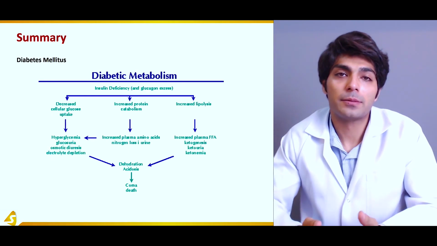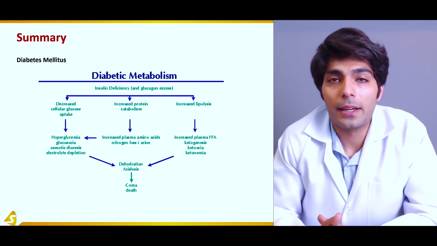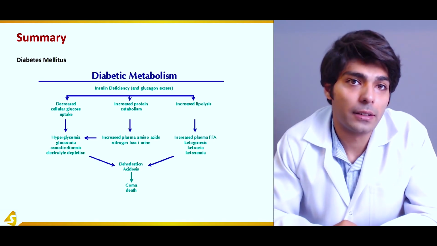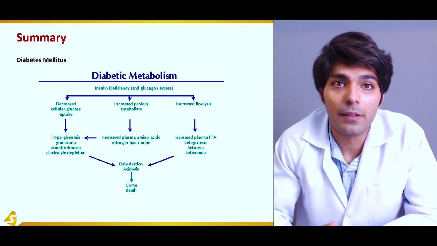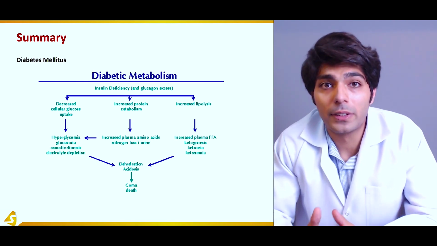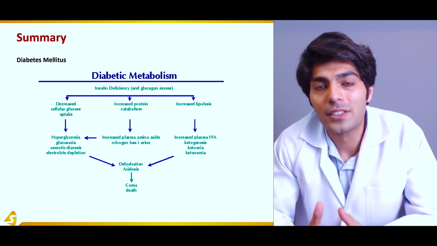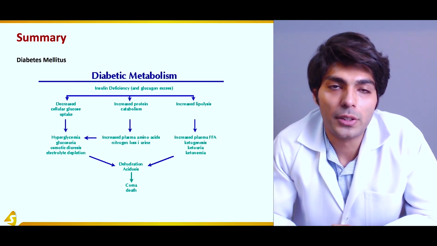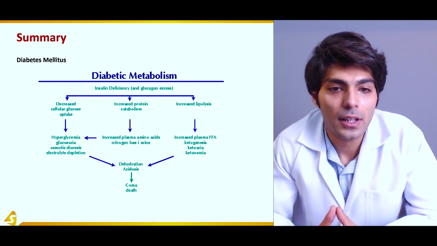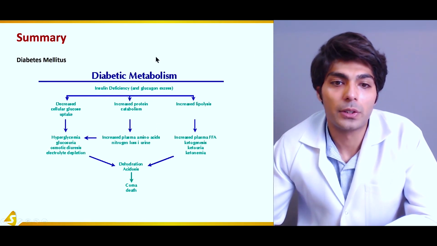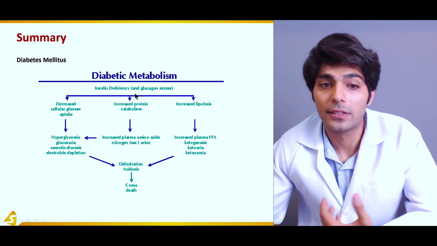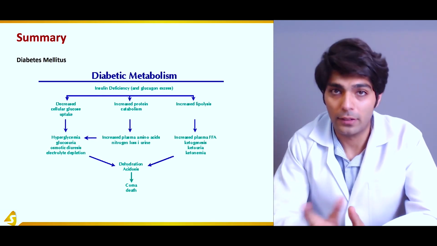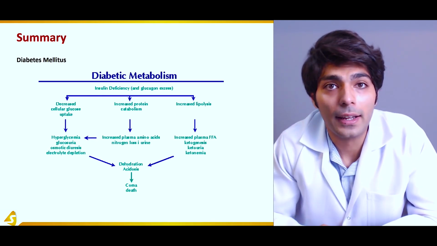Then diabetic metabolism: we discussed diabetes mellitus. There are 2 types, type 1 diabetes mellitus, which is childhood diabetes mellitus, and type 2 diabetes mellitus, in which insulin is resistant to performing its metabolic effects on its target tissues, and it usually occurs in adults. In diabetic metabolism, there is insulin deficiency and glucagon excess, decreased glucose uptake into the liver, so the glucose level is high in the blood.